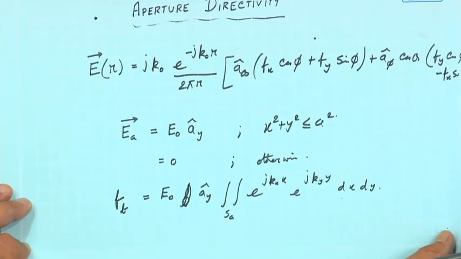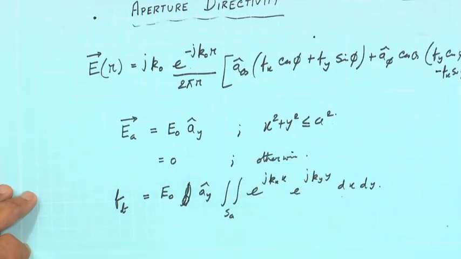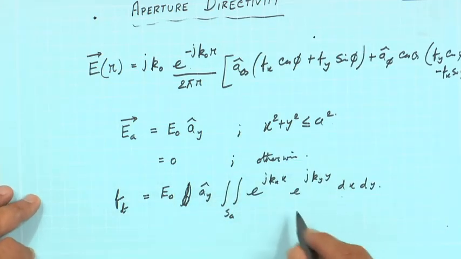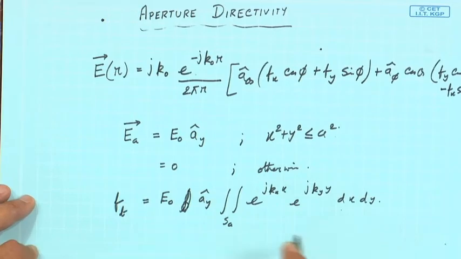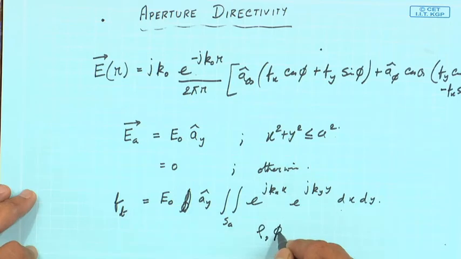Since this is a circular disc, we introduce polar coordinates, but since the aperture is the source, we say the polar coordinate is rho. Instead of phi, I call it phi dashed. I should have called it rho dashed also, but it won't get confused because the other feed's thing is theta.